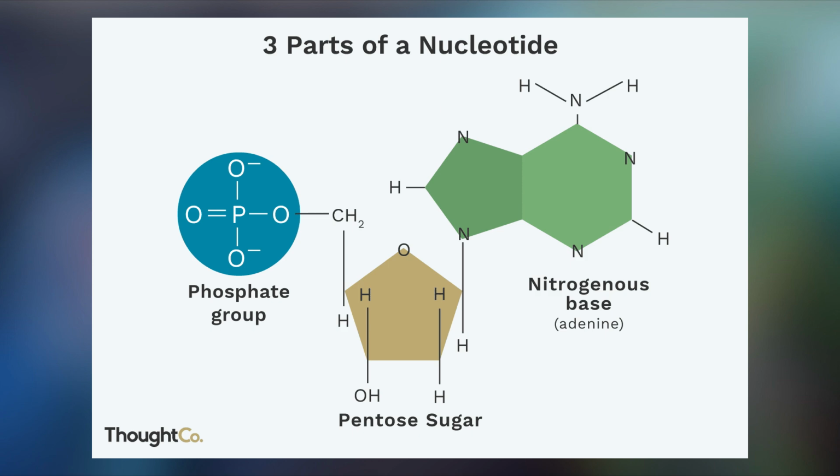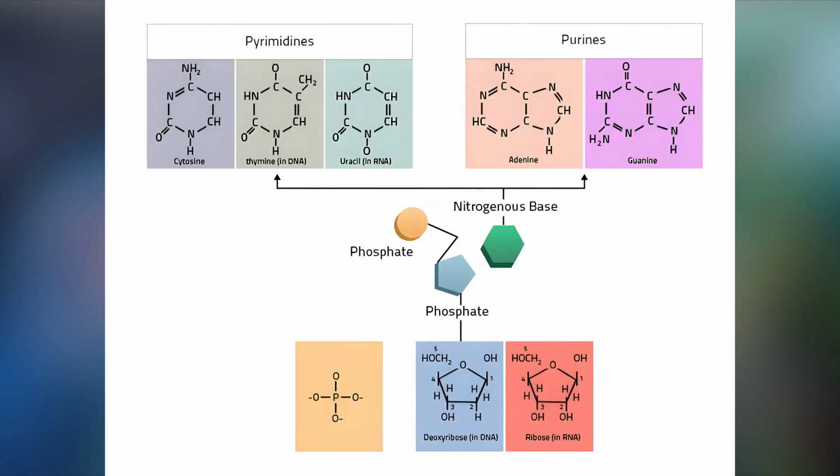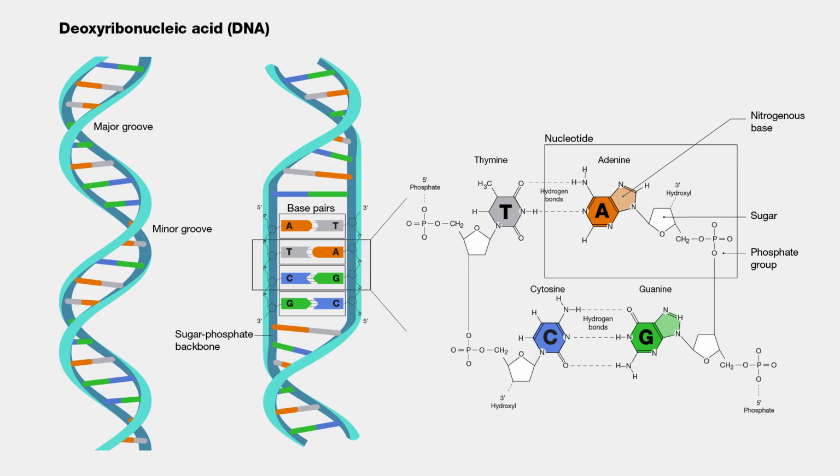And finally, a nitrogenous base, of which there are 5 different types. Adenine, which is abbreviated as A, guanine, a G, cytosine, a C, uracil, a U, that one is only found in RNA, and thymine, a T. The nucleotides link up to each other by a bond basically between the 5-carbon sugar and the phosphate group of an adjacent nucleotide, and opposing chains of the nucleotide monomers connect to each other via the hydrogen bonds that form between adjacent nitrogenous bases.